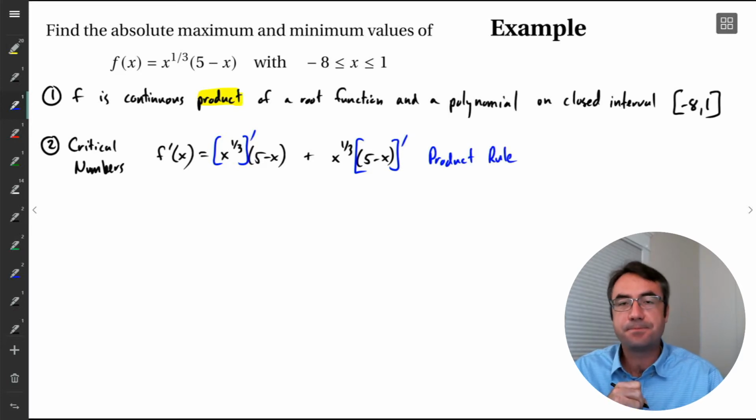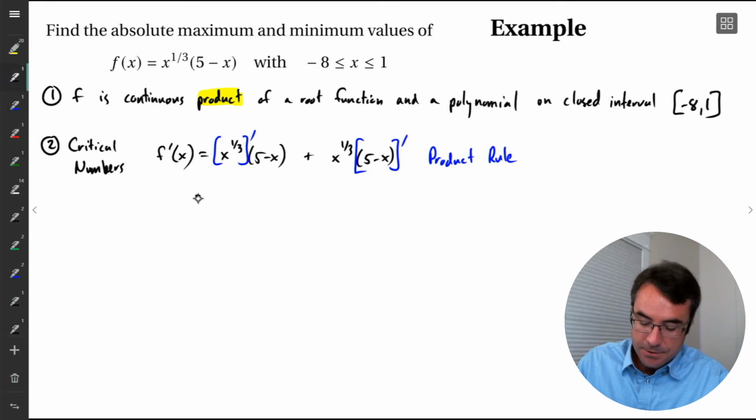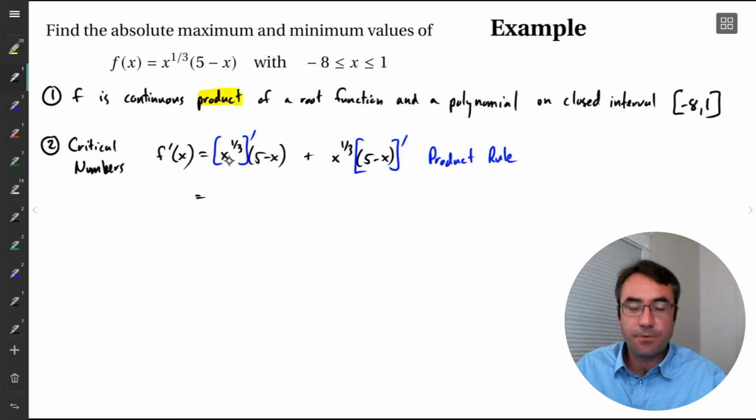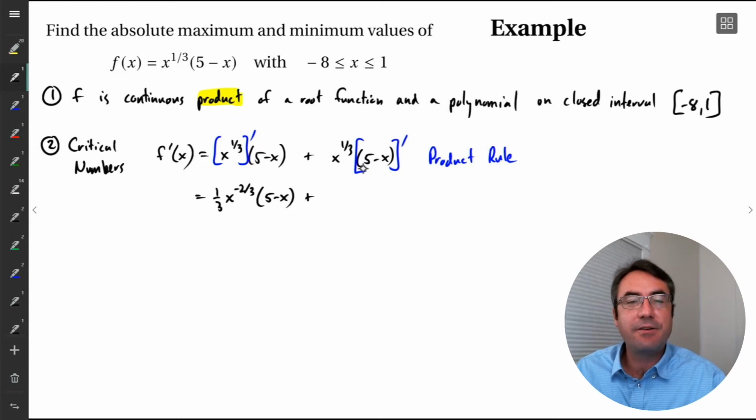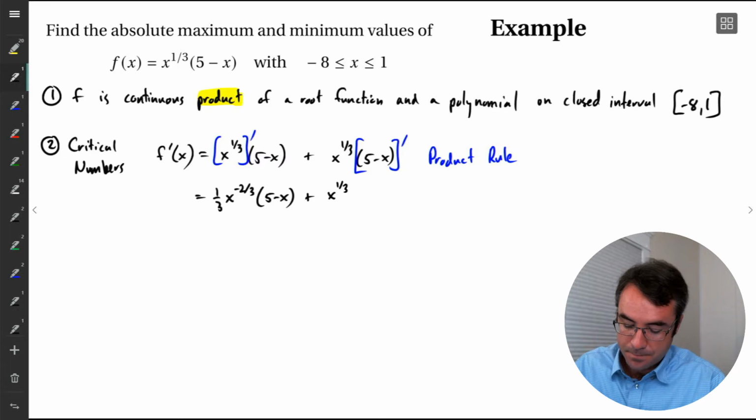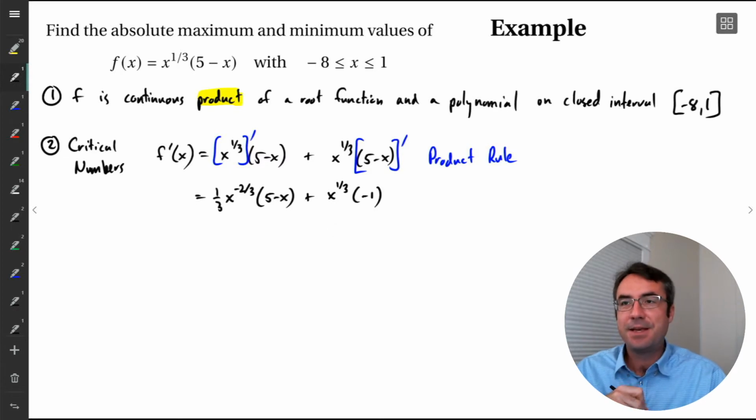All right. So now we keep differentiating. So differentiating this root function, we get 1/3 x raised to the -2/3 power times 5 minus x. And then differentiating 5 minus x, we get -1. All right.